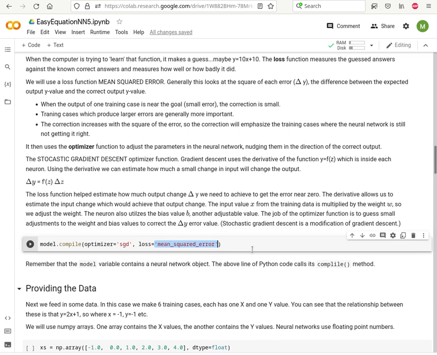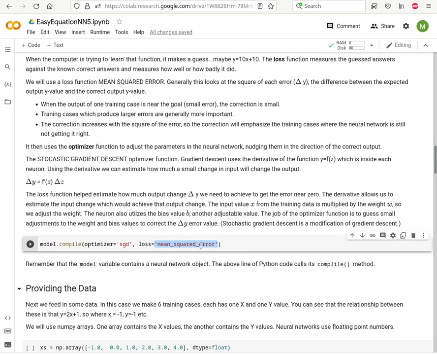We like to use squared errors because outputs that are further away from the desired answer contribute disproportionately more. We're going to be attacking the really wrong outputs harder. They're going to be more significant.